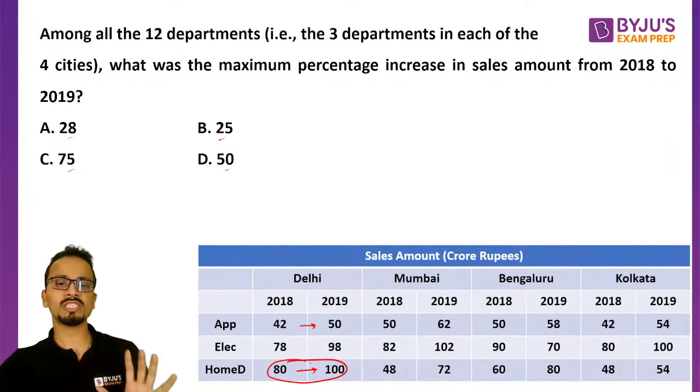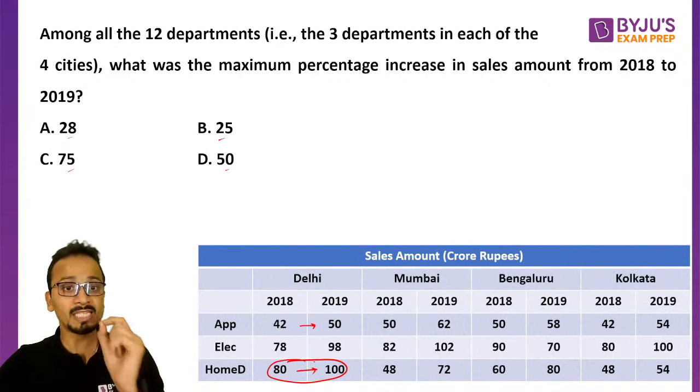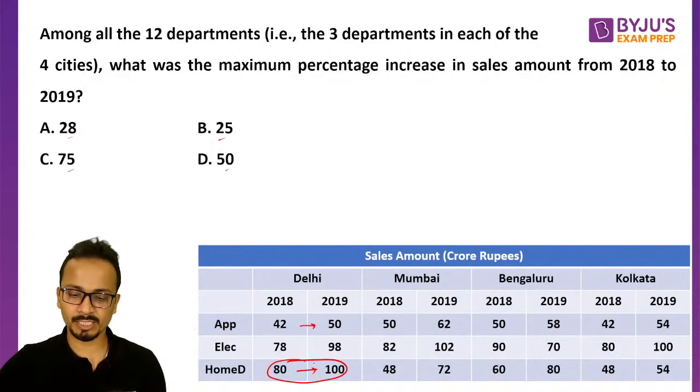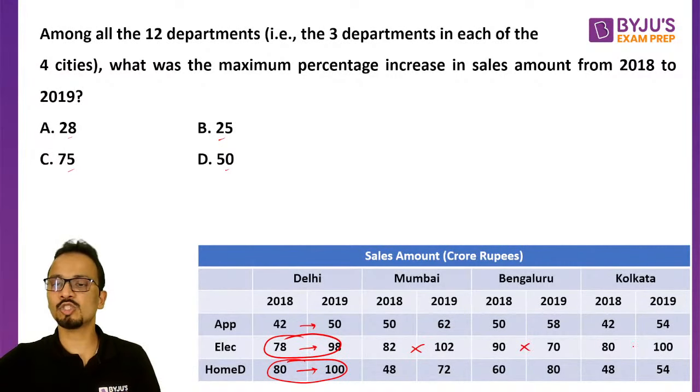So 25% can safely be the answer. Now if I find any other case more than 25%, I'll pick that case. Okay? Now 78 to 98, yes, it is more than 25%. Okay? 82 to 102, not. This is increase, this is 25%.